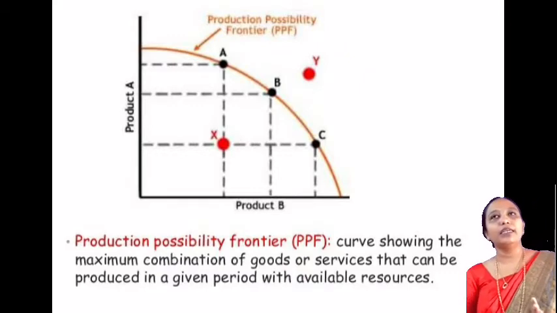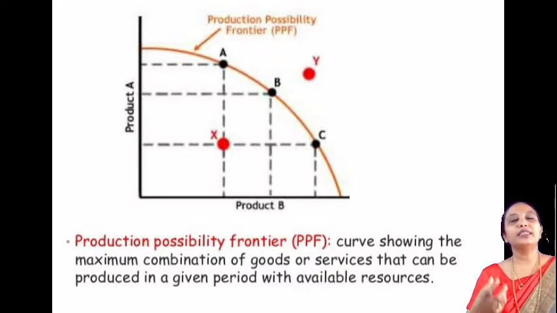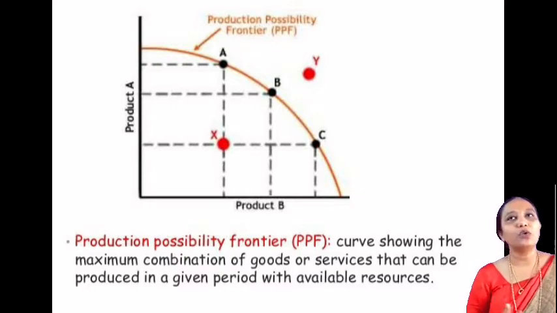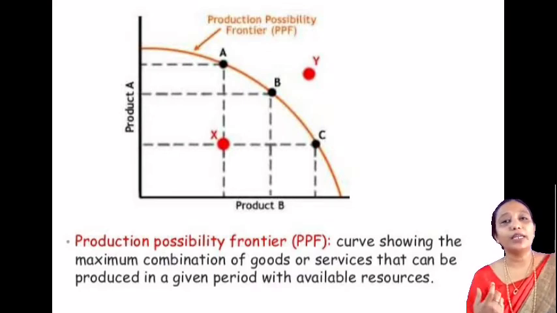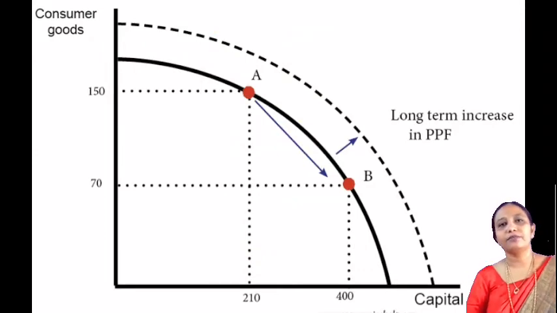And then it shows the maximum available possibilities, and the exact point of operation depends on how well the resources of the economy are used. We can even conclude that if the economy operates on the PPF, at points like A, B and C, whatever it is, it means the resources are fully and efficiently utilized.